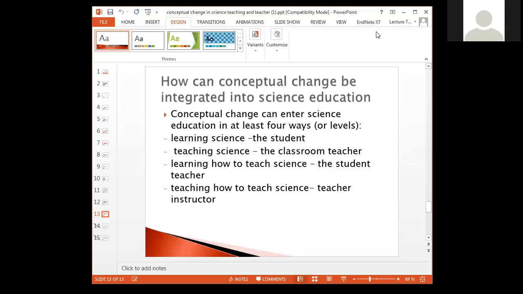How would you analyze? Would you use formative assessment to see if they are grasping the change? Well, it depends on what kind of analysis you want to do.